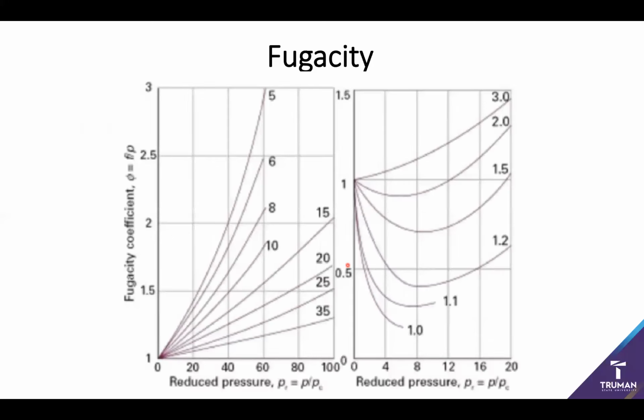So it turns out we can actually generate fairly universal descriptions of our fugacity coefficients with respect to our reduced variables. So what we have here is a plot of fugacity versus reduced pressure over fairly large pressure regimes. And again, under fairly large pressure regimes, our Z values almost always tend to be greater than 1, so we almost always see a positive deviation from ideality, and we see the same thing with our fugacity coefficients.